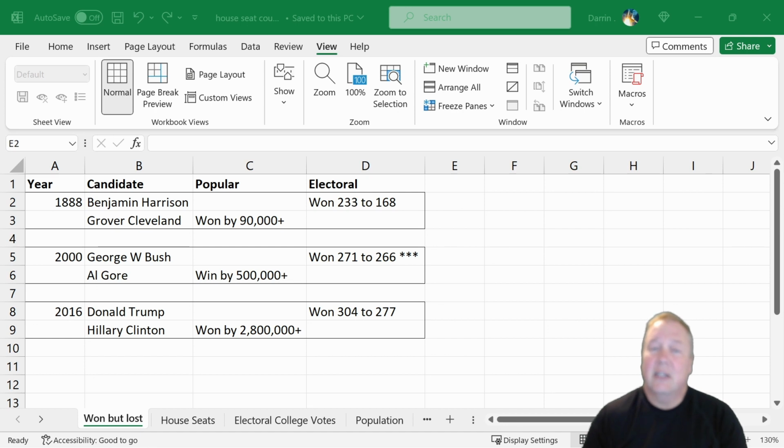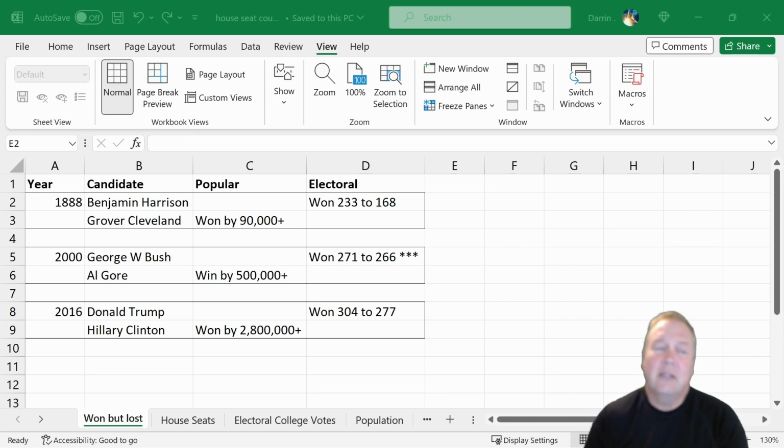So every state gets two automatically for each senator, and they get one minimum for House of Representatives. Every state has at least one House representative. House representatives are allocated by population, but everyone gets at least one. And this ends up creating some disparity between big states and small states.